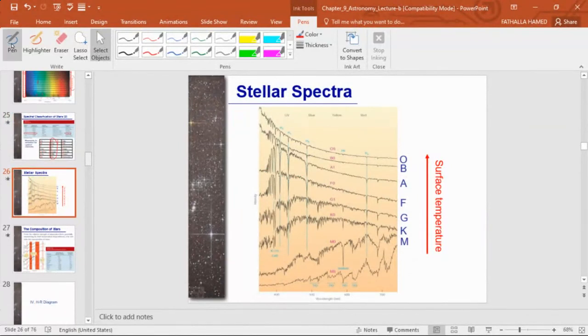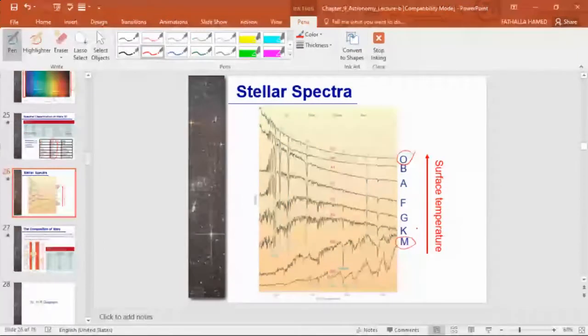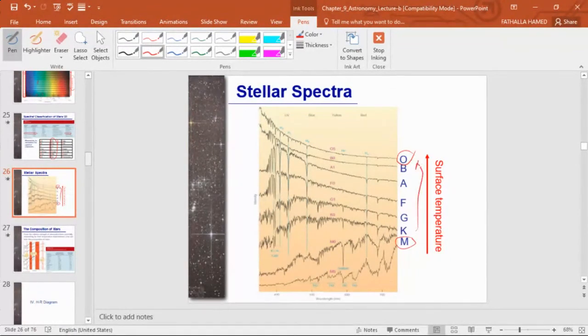So what we have here is different spectrum going from M, which is the coolest, to the hottest. And there are certain features that are seen there in the spectrum of the star.